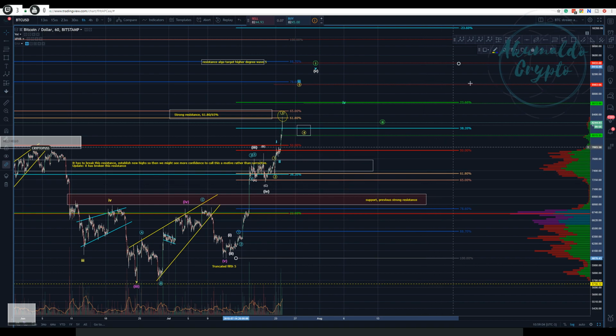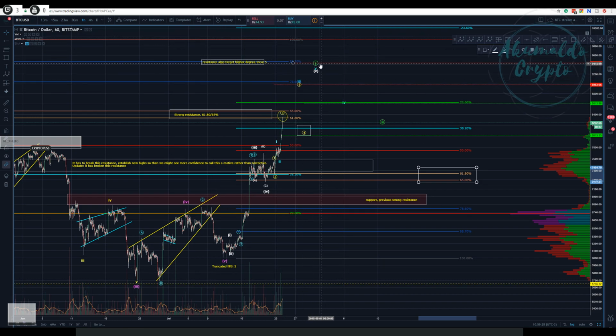This is going to be our target after we have finished this whole motive impulse wave. This is going to be our target for 7400, if and only if we get to this level here and finish this whole 1 2 3 4 5.